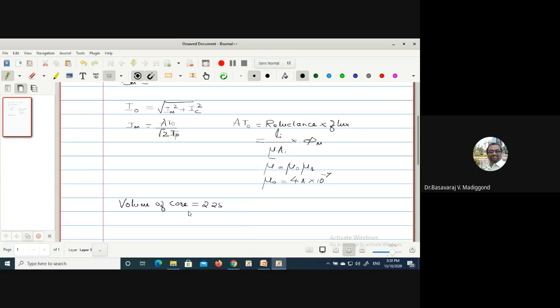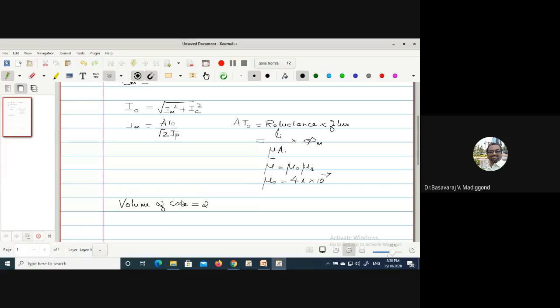Are you able to understand? How do you calculate the volume? Area, 2.5. What has he given? Area, how much? 2.5 into 10 raised to minus 3.